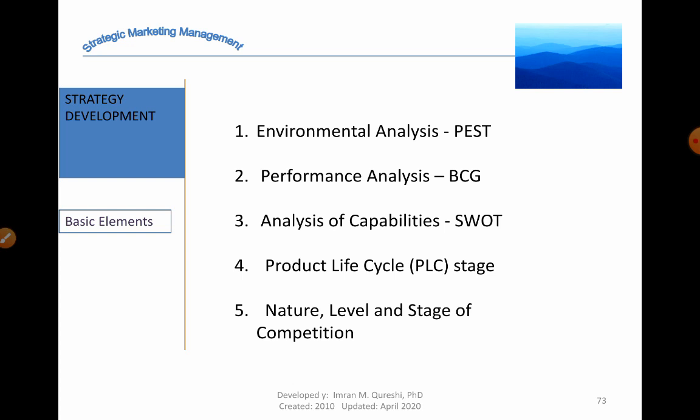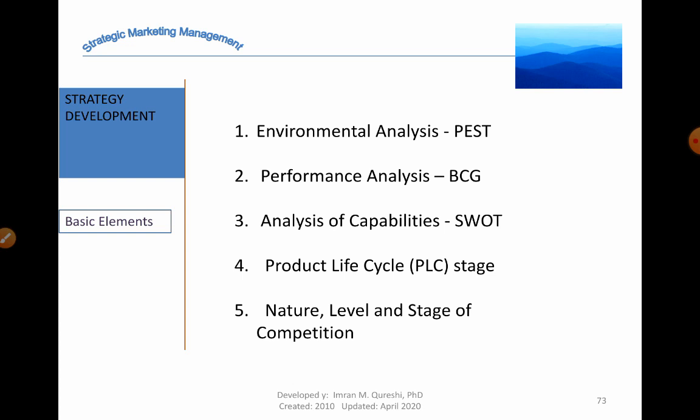Just to elaborate, let's say in our BCG analysis we find that the company's product or brand lies in stars. When we did SWOT, the company has a lot of strengths compared to its competitors, and it is the market leader, leading the pack by quite a margin.